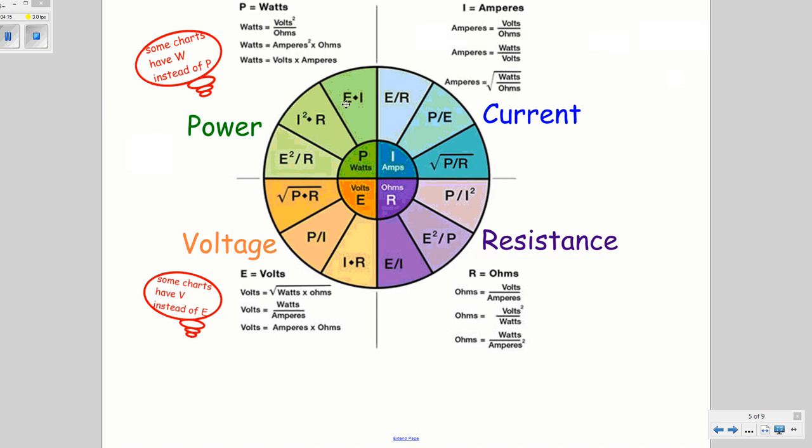Or if you know the voltage and the current, you could find the resistance. We're going to use this chart, and I will show you how to use it. If you don't have a copy of this chart already, you should find it on your formula sheet. You can also print it offline and ask me for a copy.